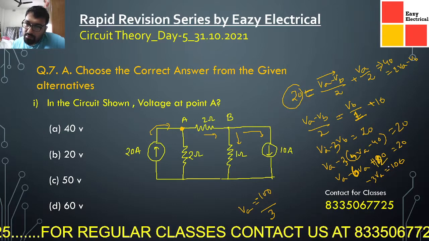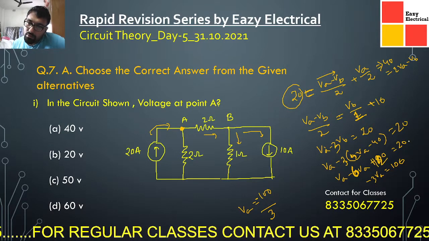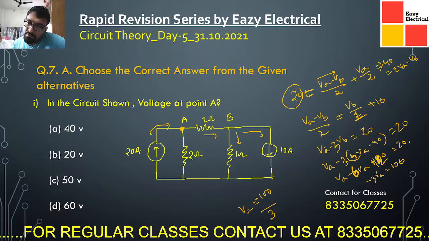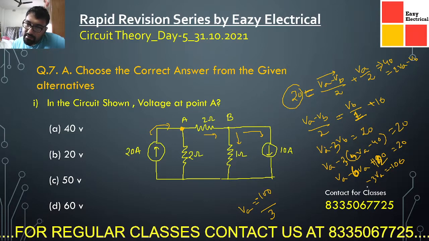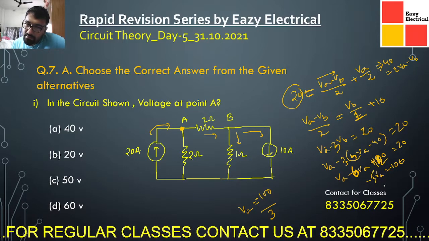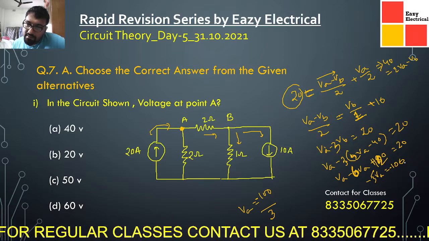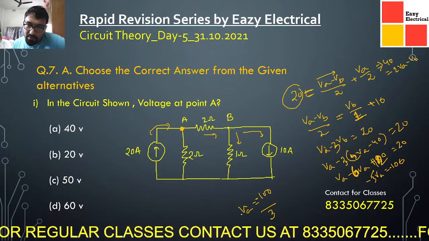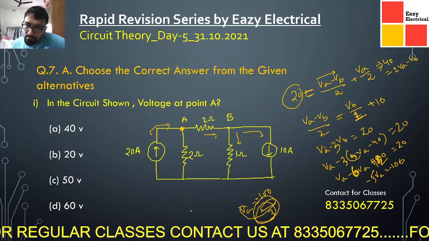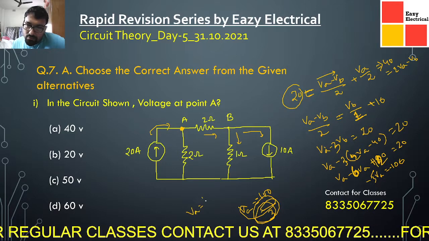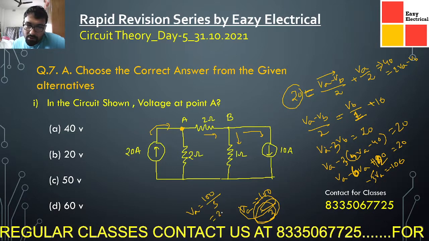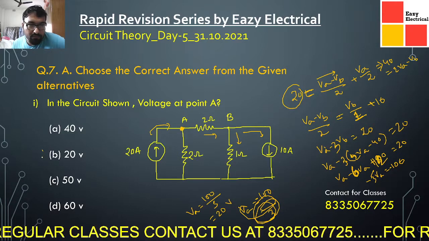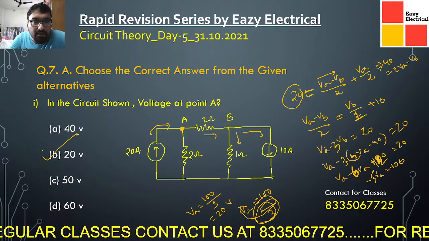So plus 120, if it goes in that direction, that is minus 100. And in this direction it will be minus 5. So minus 5 equals minus 100. So VA equals 100 divided by 5, that means 20 volts. So 20 volts will be the correct answer.